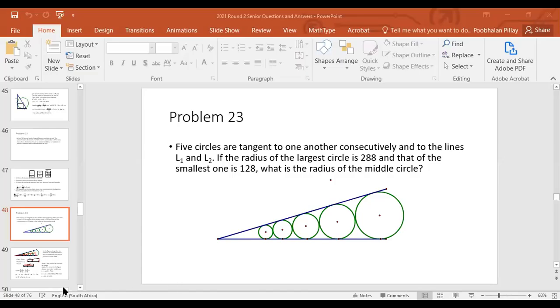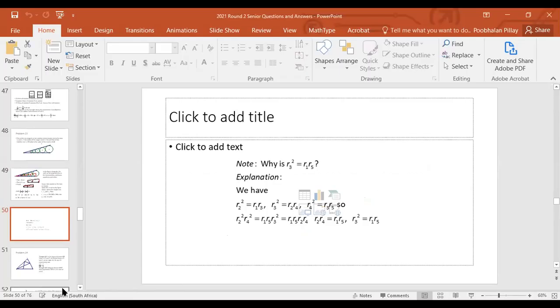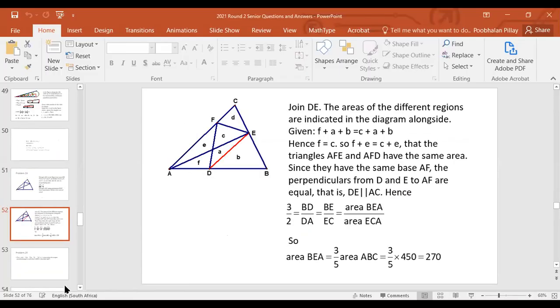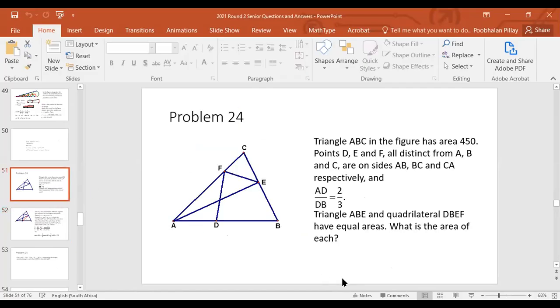Now, let's go back to our whiteboard and go to number 24. That's the next problem. Problem number 24 is a geometry problem. Let's see what it says here.